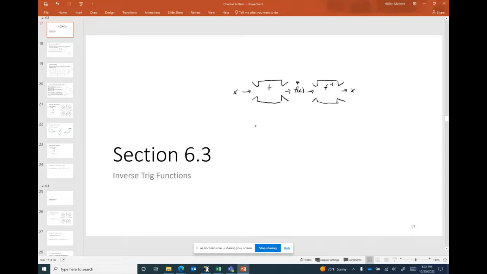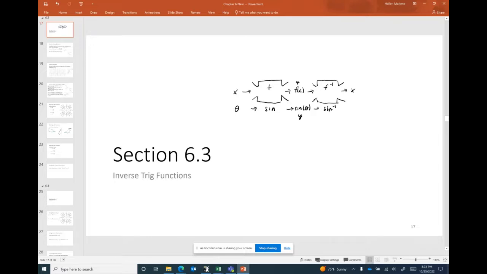Say we have the trig function, the sine function, right? It takes as its input some angle measure, theta, for example. And what would come out of the sine function would be some ratio, call it the sine of theta, or maybe a y. So the inverse of the sine function would be sine negative 1.